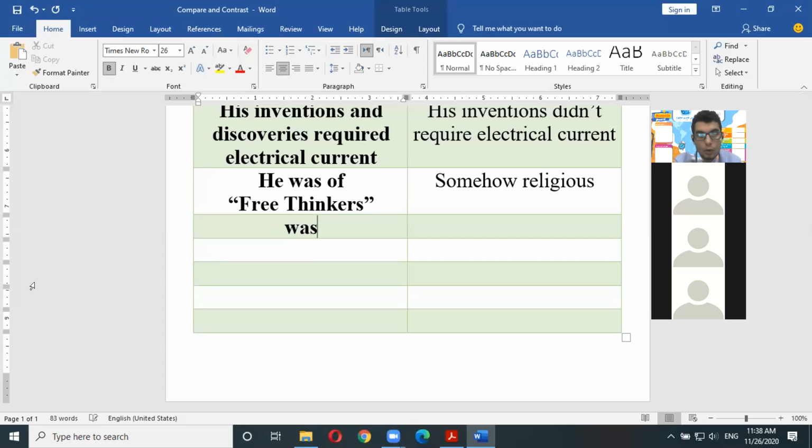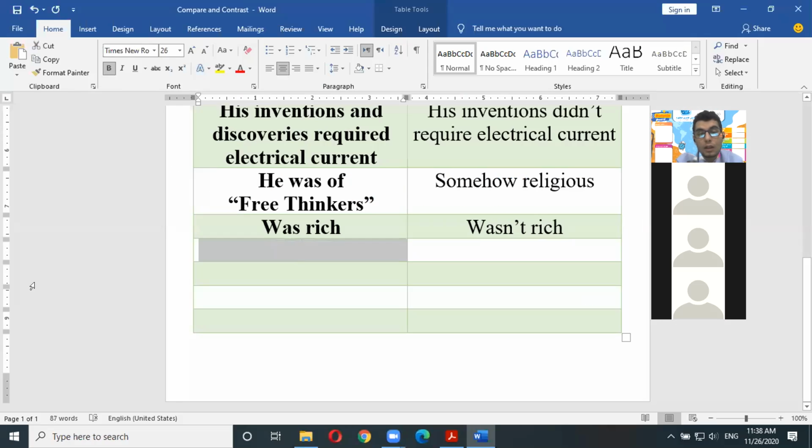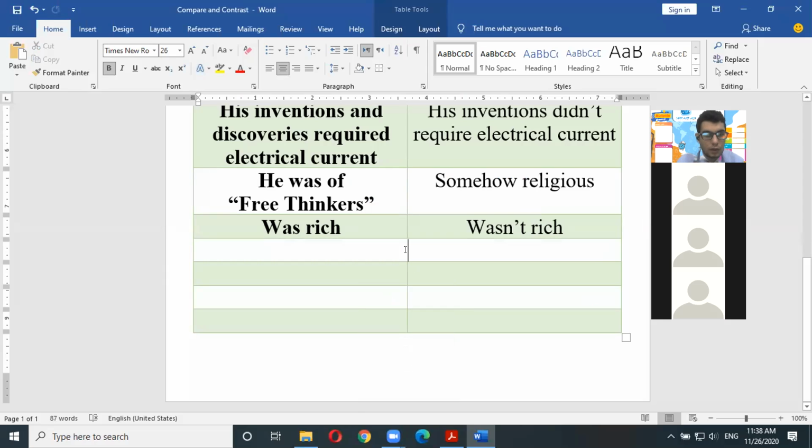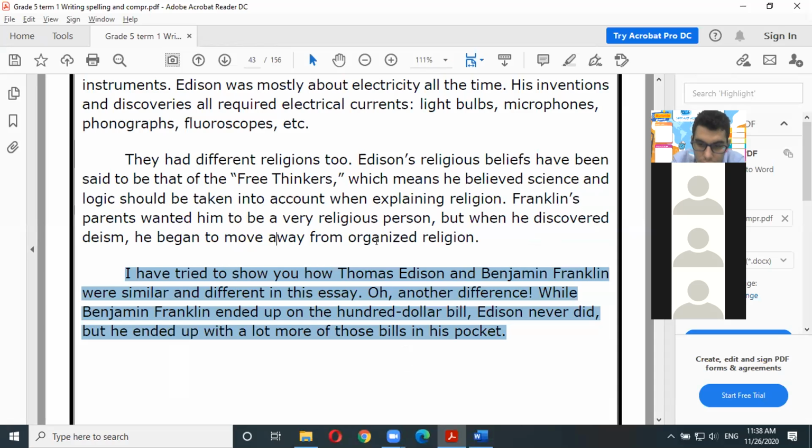So here, one was rich, one wasn't rich. But there's one thing here, Abdulrahman, that is similar in both of them. Both of them are what? Smart? Yes, we know that.